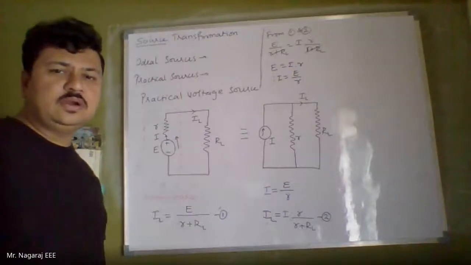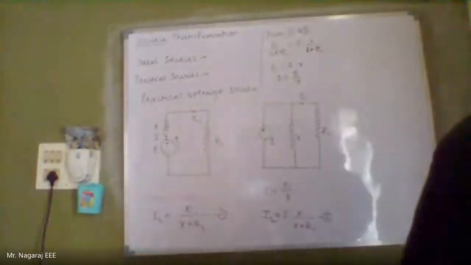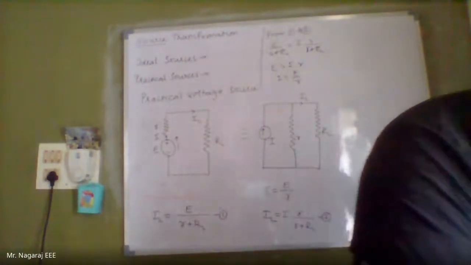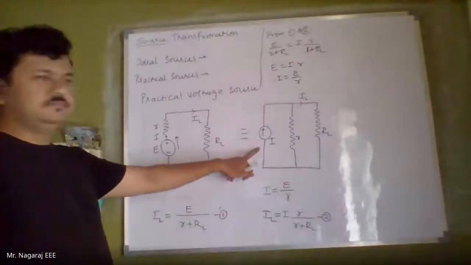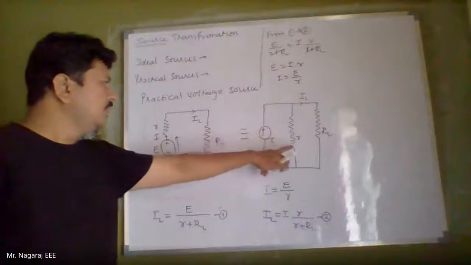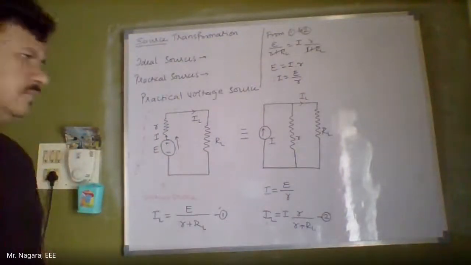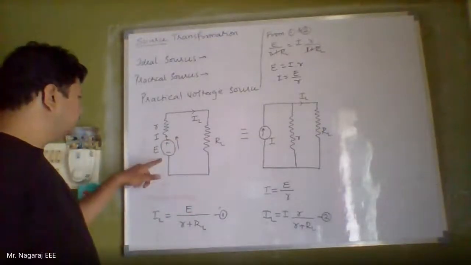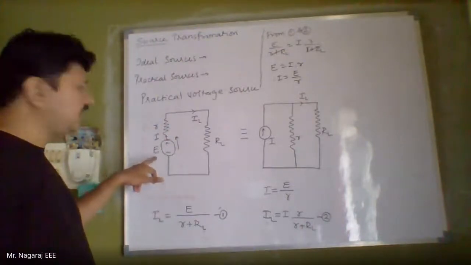Now, if I want to convert a current source to a voltage source, it is exactly the reverse. I have a current source in parallel with internal resistance R. Then convert that to a voltage source by keeping a voltage source of E volts in series with the internal resistance R. Now, what is the value of E?